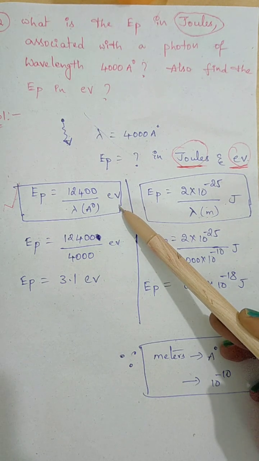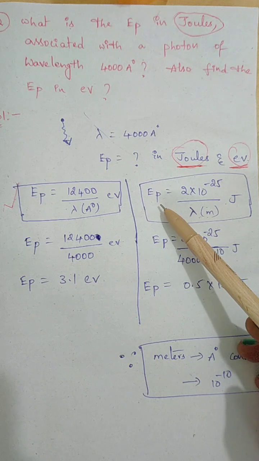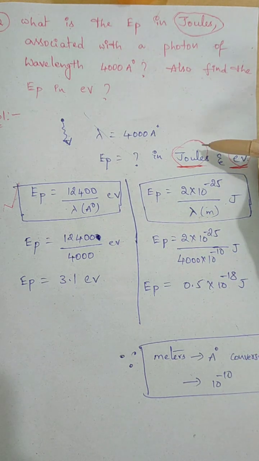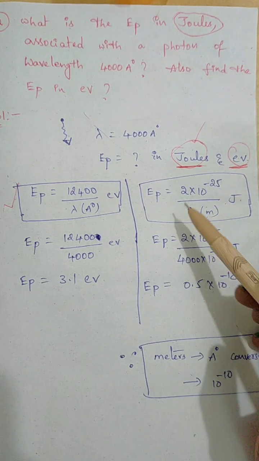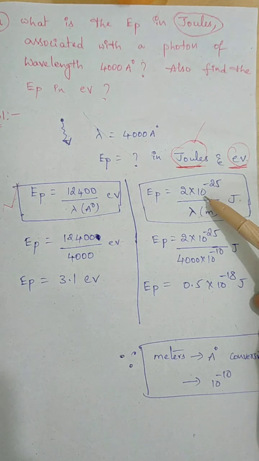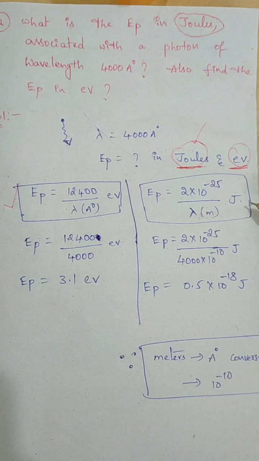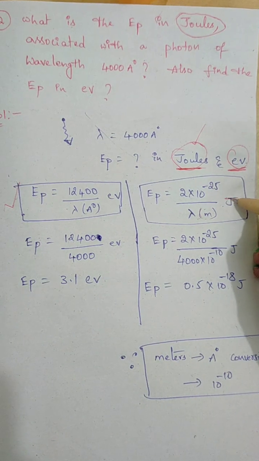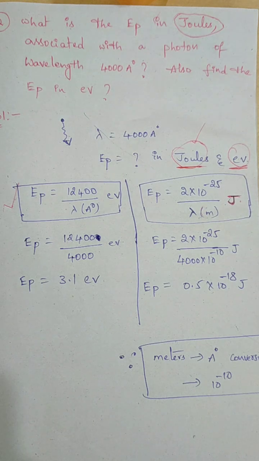This is the formula we already learned. The next formula is for the energy of the photon in joules. For that we need to use this formula: energy of photon is equal to 2 into 10 power minus 25 by lambda in meters, whenever we are calculating in joules. This is the formula we need to remember.